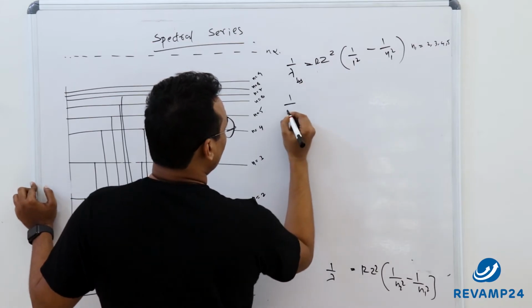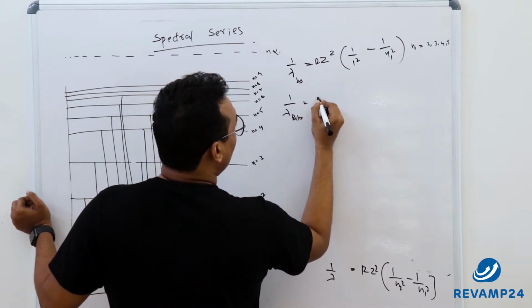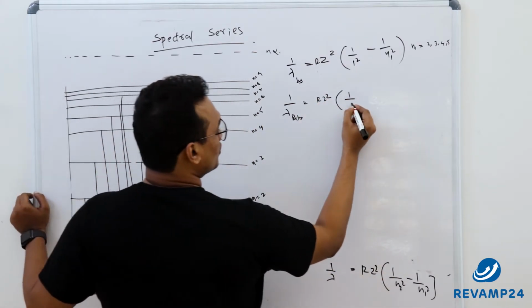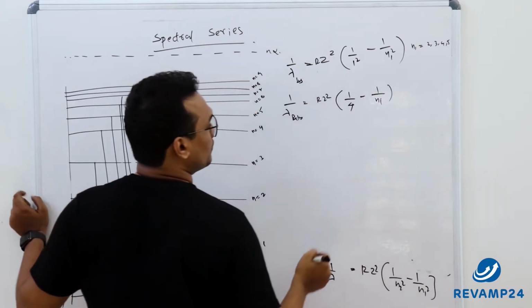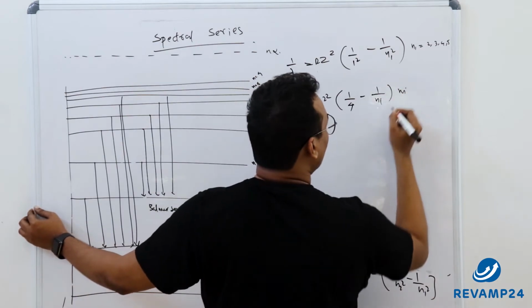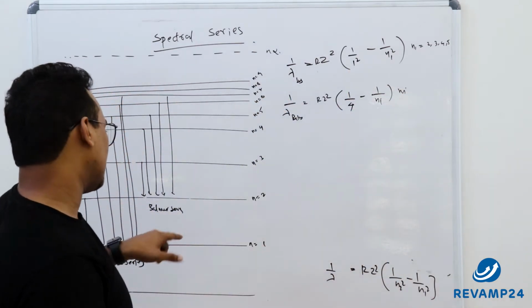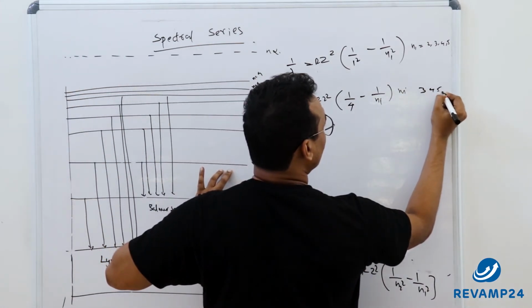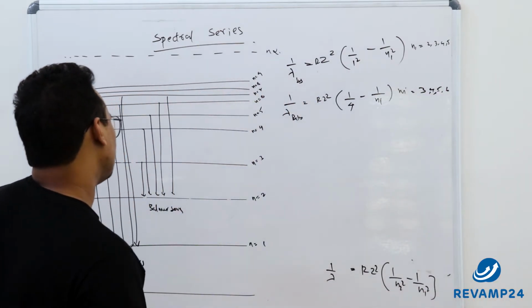With Balmer series, 1/λ of Balmer is equal to R Z² into 1 by 2 square, that is 4, minus 1 by n initial square. What should be the value of initial? It should be an excited state with respect to 2. So n should be 3, 4, 5, 6. It can be anything, 7, 8, 9, like that.